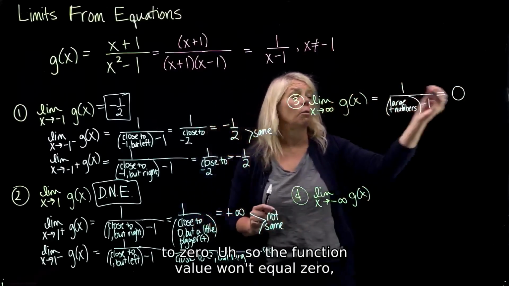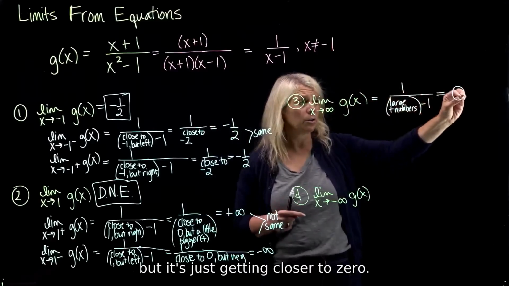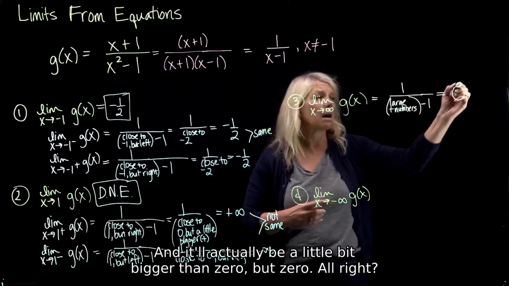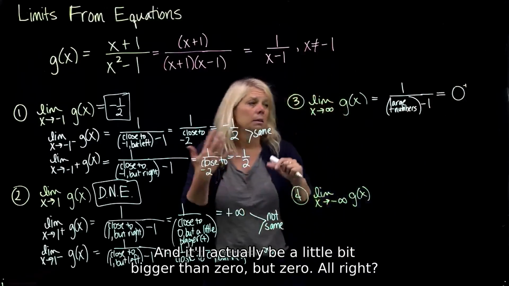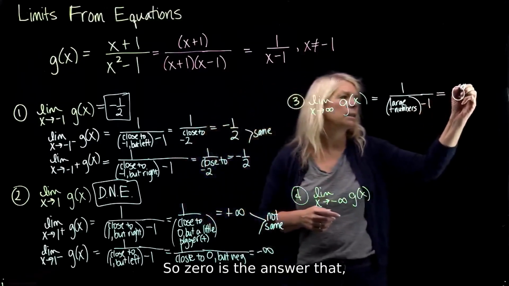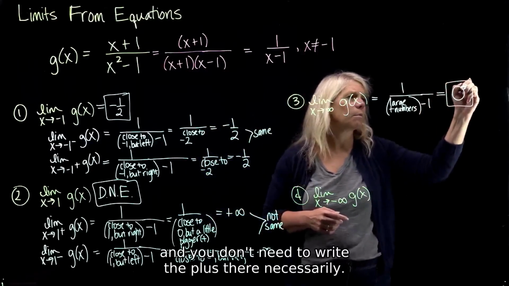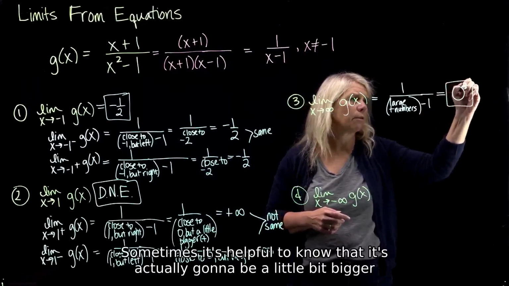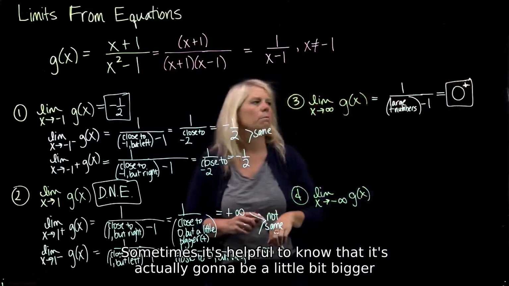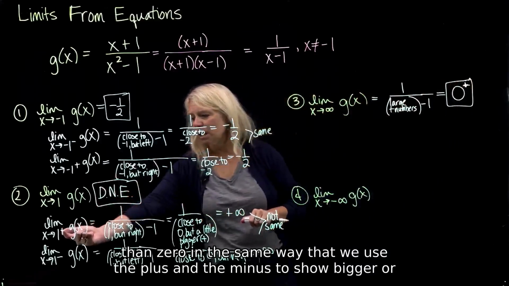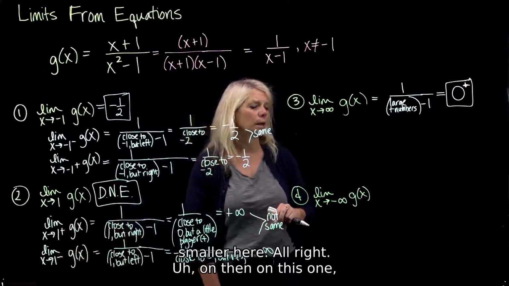So the function value won't equal 0, but it is getting closer to 0. It'll actually be a little bit bigger than 0. All right, so 0 is the answer to that, and you don't need to write the plus there necessarily. Sometimes it's helpful to know that it's actually going to be a little bit bigger than 0, in the same way that we use the plus and the minus to show bigger or smaller here.